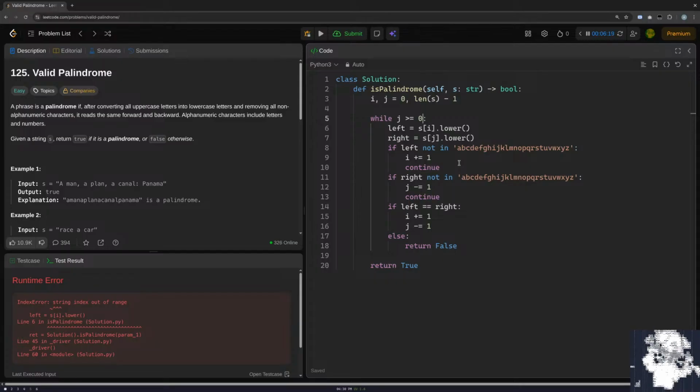Oh, because you skipped everything. But shouldn't j... Oh, because we only skipped the left side.